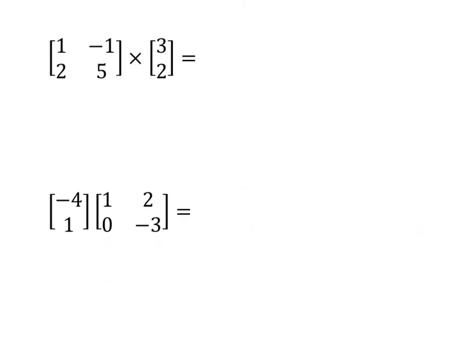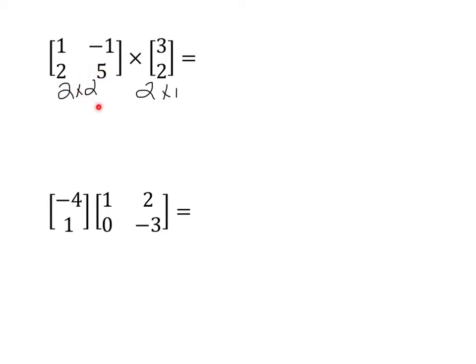The question then becomes, how do we know when we can and cannot multiply two matrices together? What you need to do is write out the dimensions of each matrix. So this matrix is a 2x2. This one is a 2x1. So I write out 2x2, 2x1.